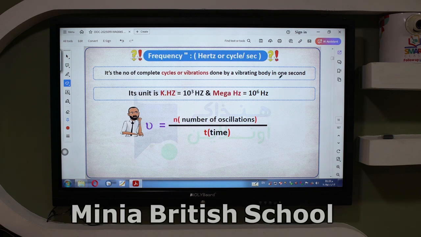We can say that the frequency measuring unit may be kilohertz, which means 10 power 3 hertz, or megahertz, which means 10 power 6 hertz. The symbol for frequency is nu. Nu equals N over T, where N is the number of oscillations and T is the time.